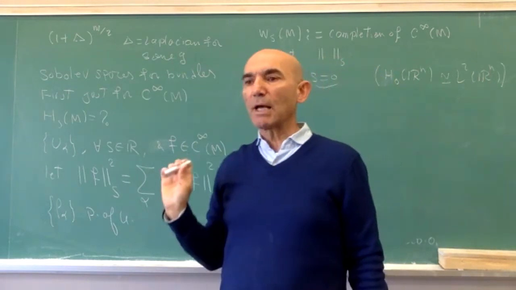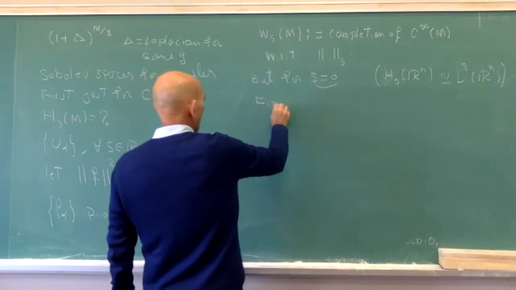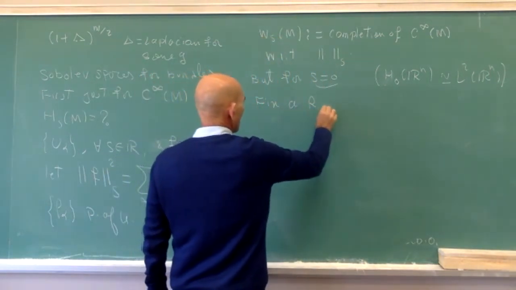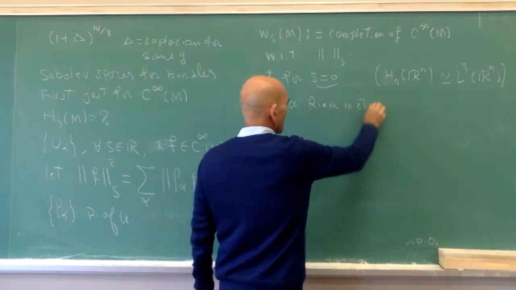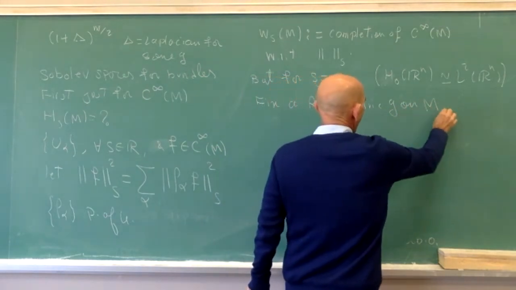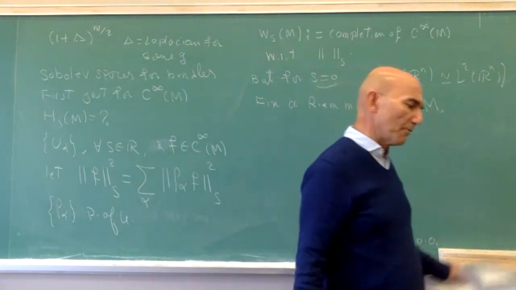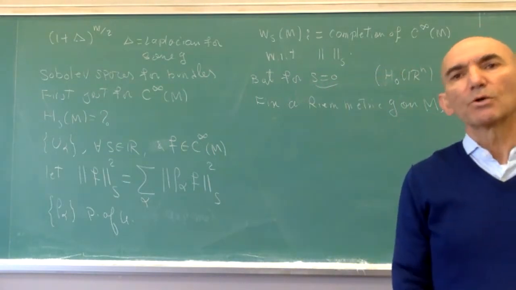We fix a Riemannian metric G on M. And just to make life a bit easier for us, let's assume that M is also oriented.